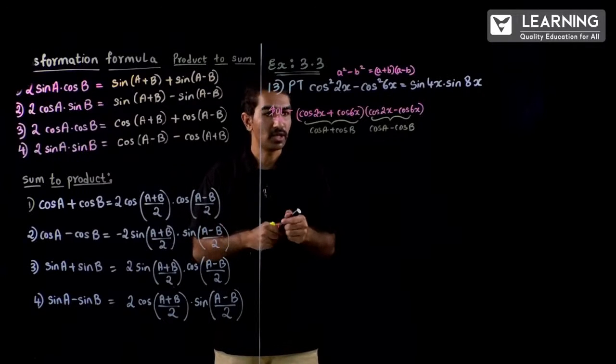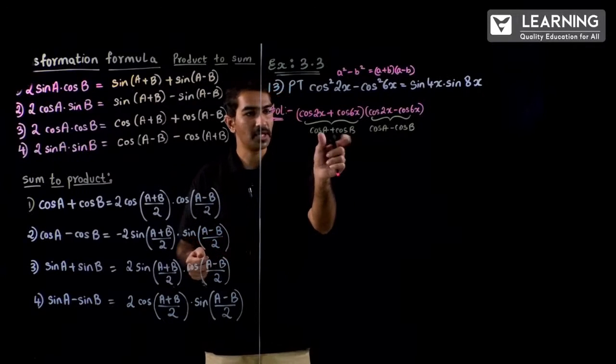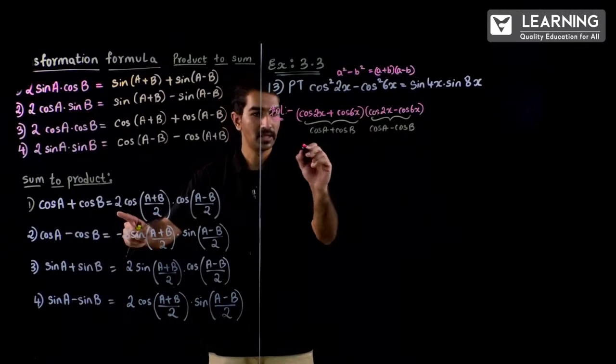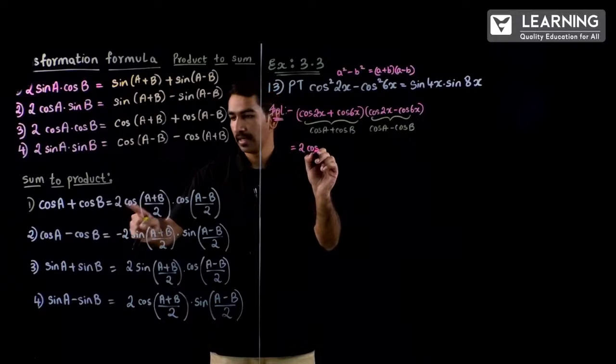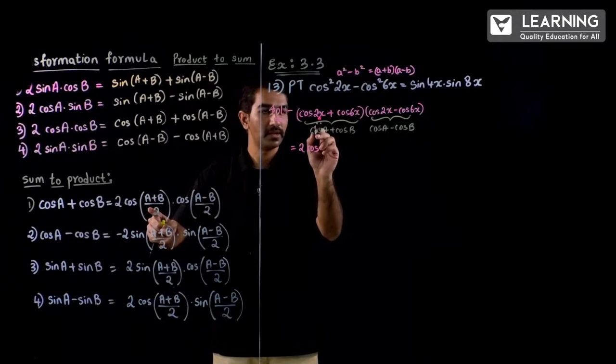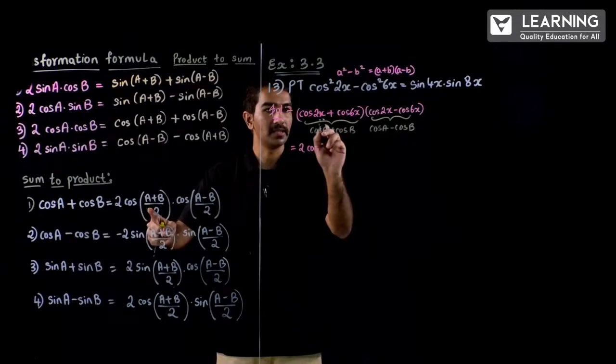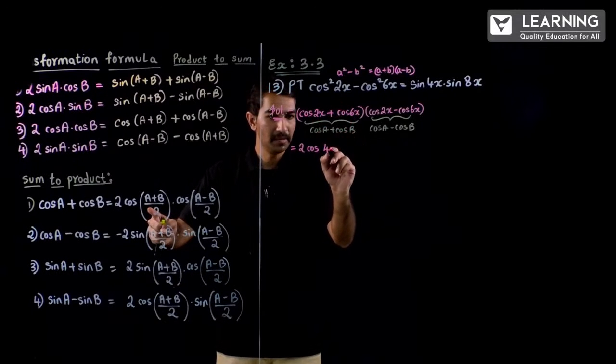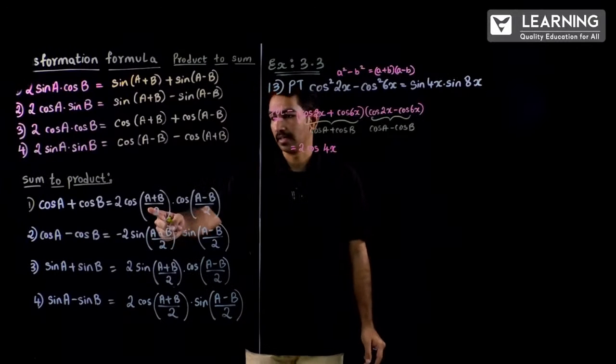So what is cos a plus cos b? Transformation, sum to product. Cos a plus cos b, students, here, 2 cos. So we will directly write 2 cos a plus b by 2. What is a? 2x. What is b? 6x. 2x plus 6x, 8x. 8x by 2, it will become 4x. Understanding?